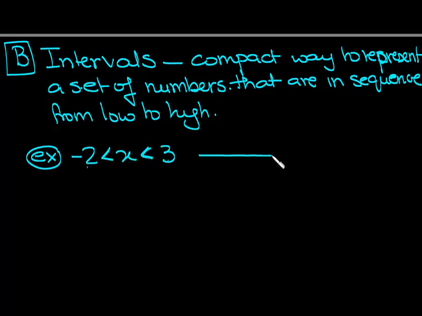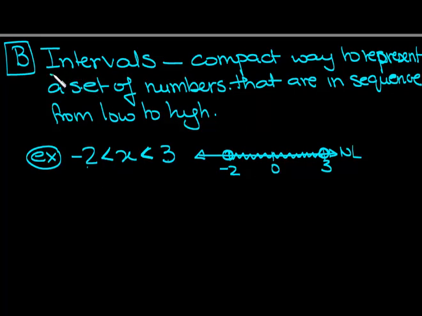If this is your number line, let's graph this. This is negative 2, there's 0 in the middle, this is 3. So x is any number in between, not including these numbers, so I'll put a hollow circle. That basically means we are not including the endpoints. So this is how you would represent an inequality graphically.